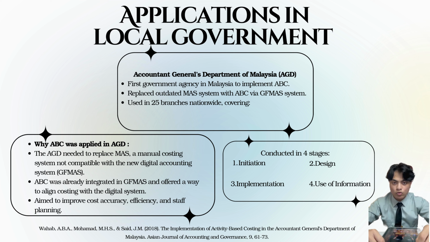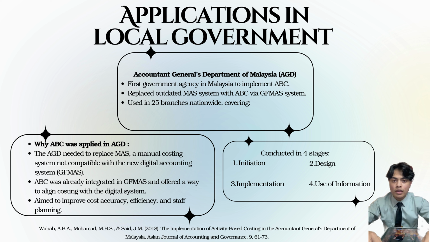ABC was used across 25 branches to analyze costs in services like payroll, IT, and financial advisory. Each activity was assigned a cost driver, for example, consultation hours or number of reports. This gave managers a clearer view of which services were expensive and why.